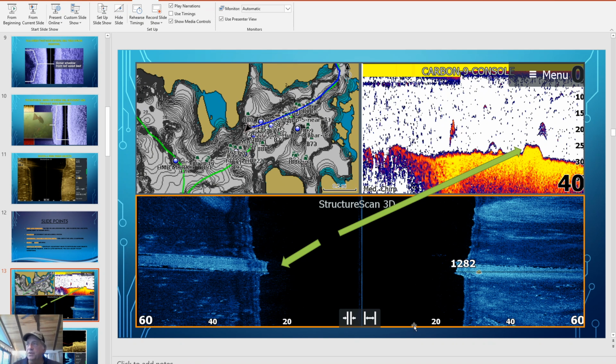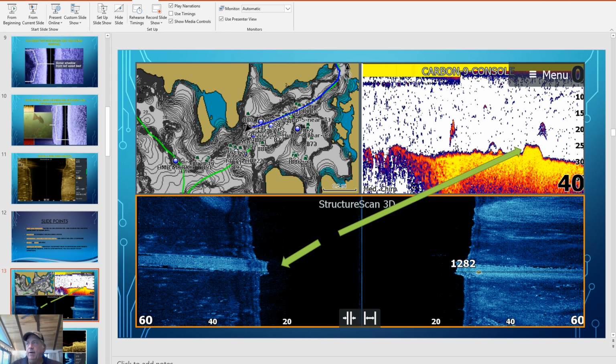All right, so we'll talk about that on this slide a little bit, but taking a look at this, you can see right here with 2D, this particular palette, again, the brighter the return is going to be, the harder the bottom. And with this palette, a harder bottom yields this yellow color, and a softer bottom gives you this reddish blue.